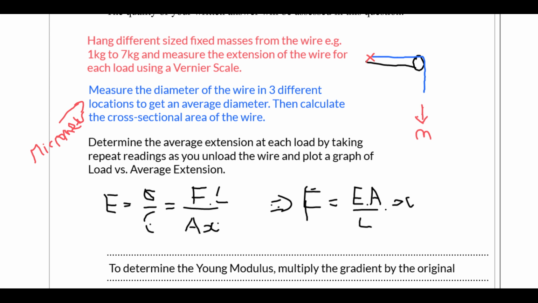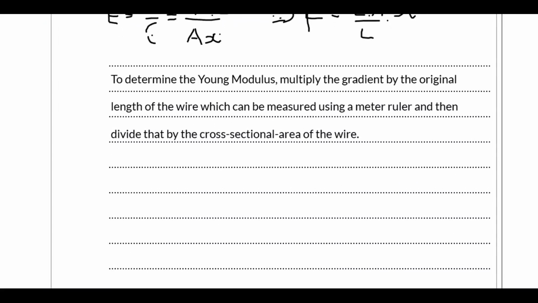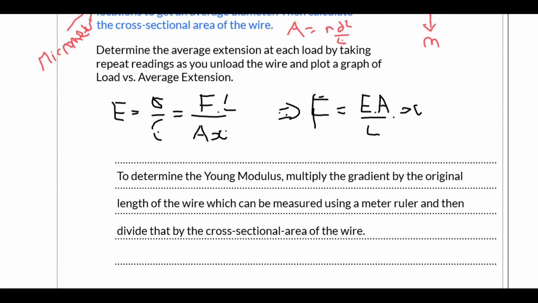And then I think we would be better off if we explained how we get area from diameter. So it's going to be pi d squared over 4. That would improve that section. So that section with the cross-sectional area of the wire could do with some improvement, but other than that, I think that's pretty much fine. Okay, so that's your method to determine Young modulus.